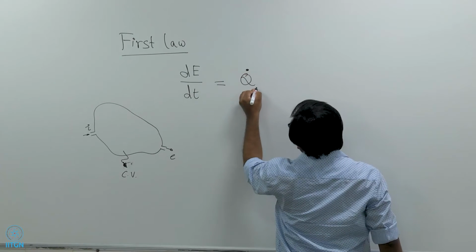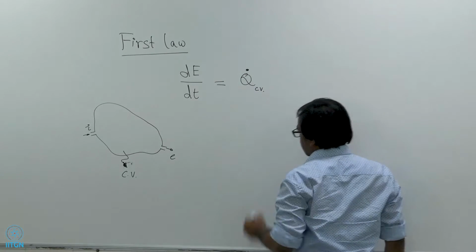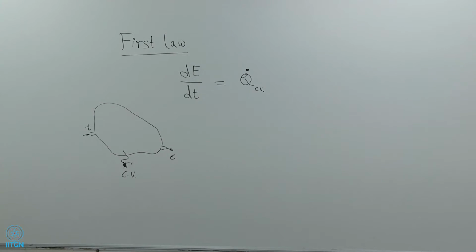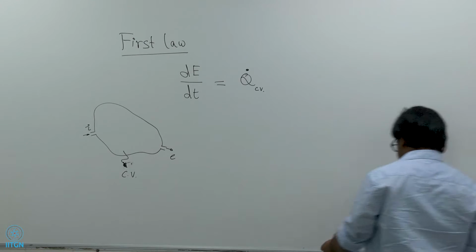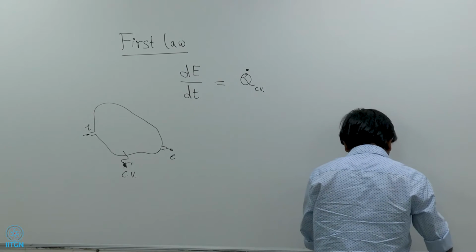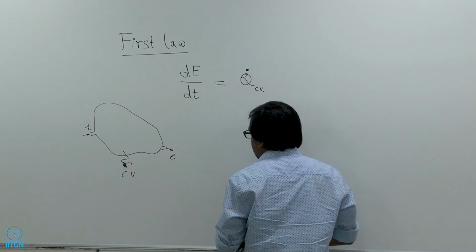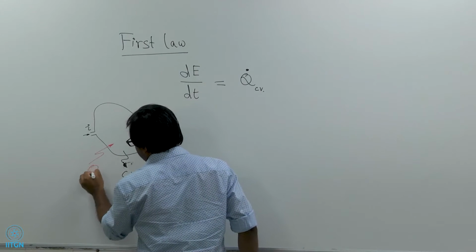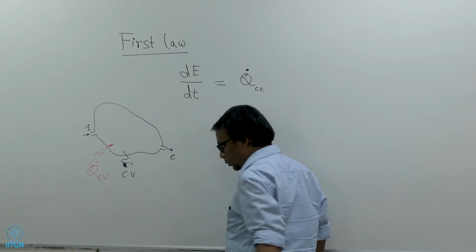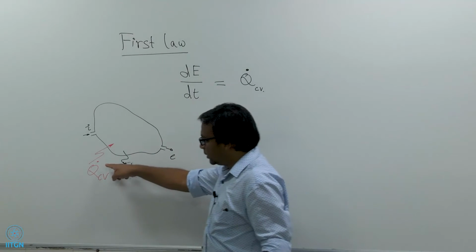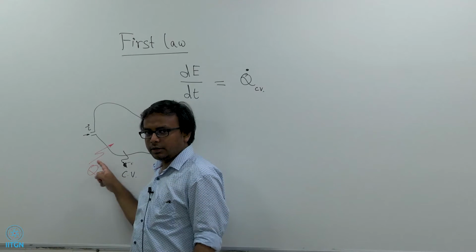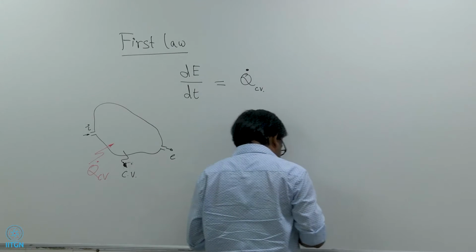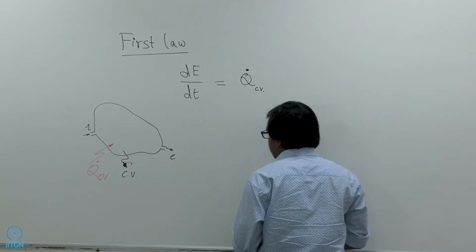So, this we can call Q dot CV. This control volume might be receiving heat from some source, at rate Q dot CV. This has the units of kilojoules per second or joules per second, that is watts, and at the same time this control volume might also be doing some work.